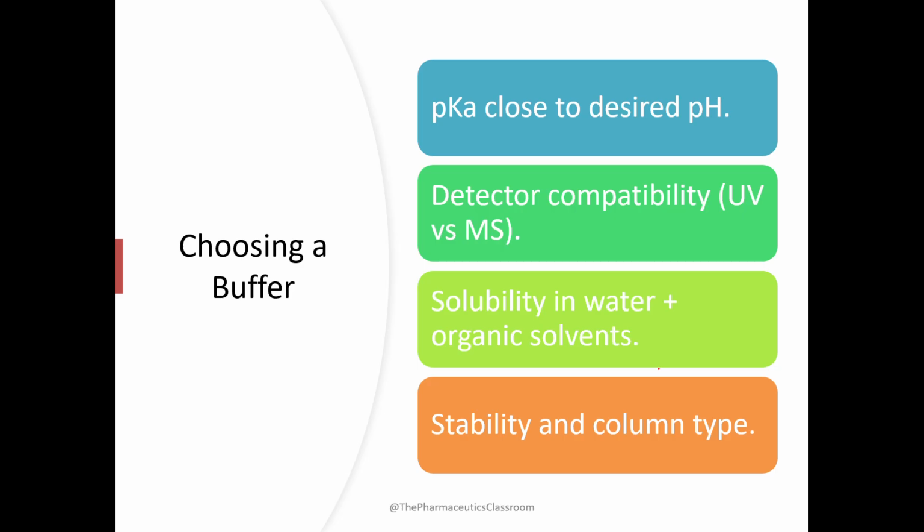So if you are using 20 millimolar phosphate buffer with ACN, you cannot go with 20% phosphate buffer and 80% ACN, because in this composition the phosphate salt will precipitate in the mobile phase and clog the tubing. Also, we should choose the buffer based on stability and column type, since column compatibility is also an issue.